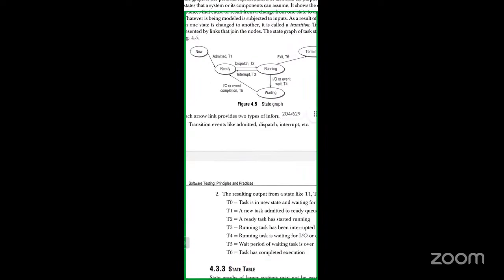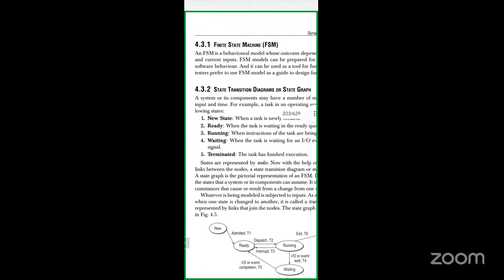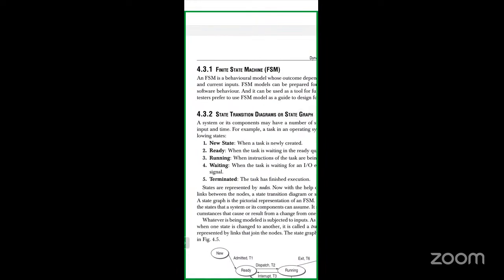Then if any interrupts are there, we go back to the ready state. If nothing is there, then we move on to the terminated state. If something goes wrong in the running state, we go to the waiting state, and from there we move back to the ready state, and then to the terminated state. Okay, so this is the state space tree, that is, sorry, the finite state machine or state transition diagram, or state graphs, we can say.